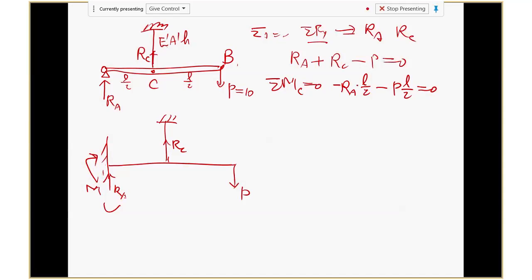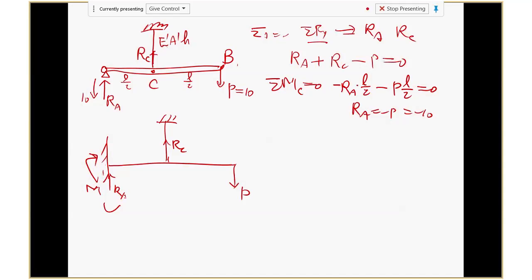Is that correct? Okay, now what's RA? Equal to P, but in the other direction. It's actually equal to negative P, right? So RA will equal negative P, which means negative 10. And that means RA is actually acting this way, 10. Okay, now what's RC? What's the RC value?